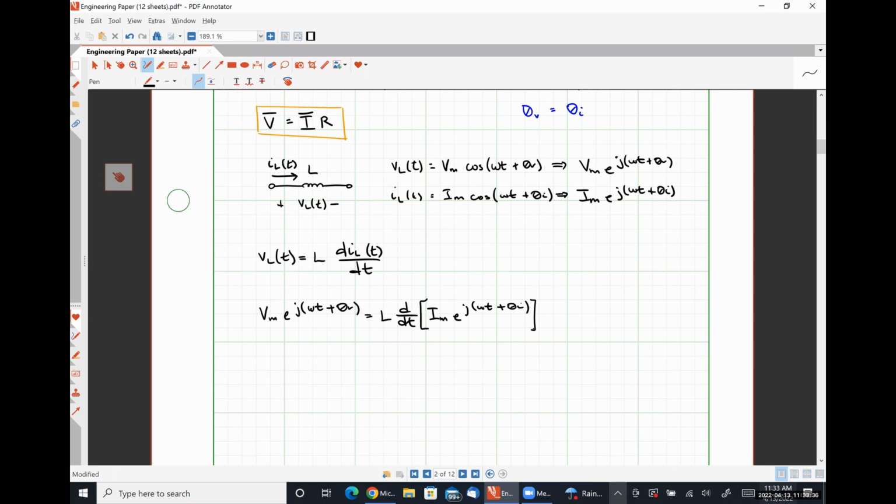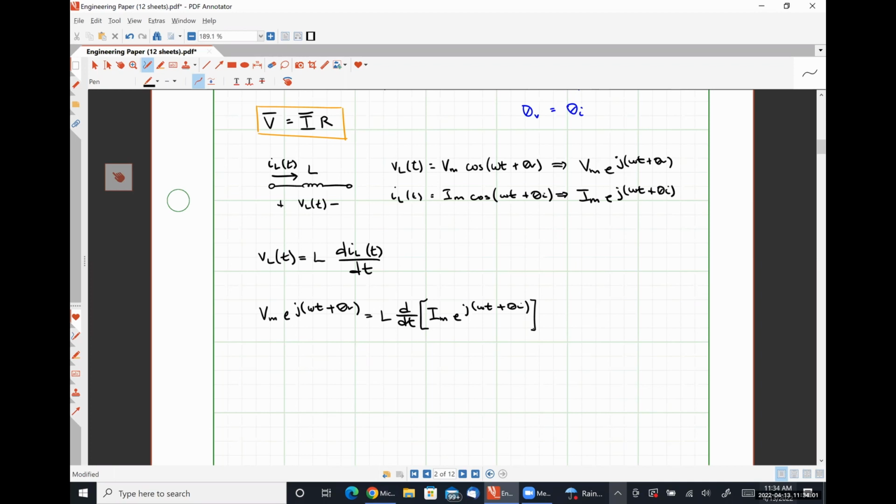If we wanted to take the derivative of this function here, the Im is a constant term. So we're taking the derivative of e to the j omega t plus theta I with respect to time. We're only taking a derivative of this portion right here because e to the j theta I represents a constant number. Okay?